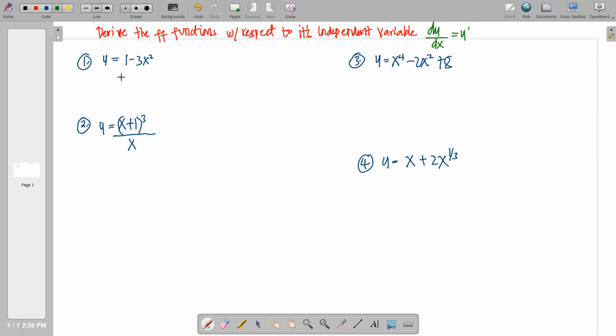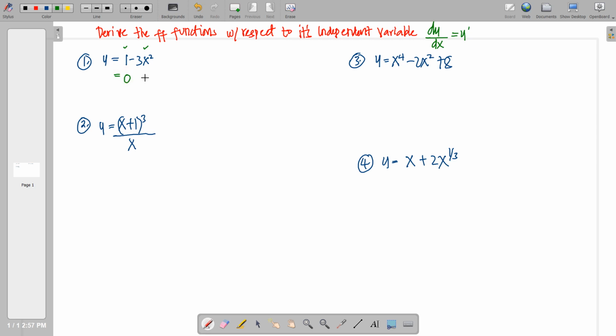Okay, so in here for the first problem we have an algebraic difference. So this is the first term and this is the second term. The first term is a constant. The derivative of a constant is 0.